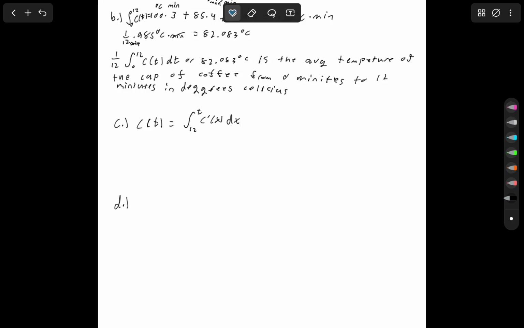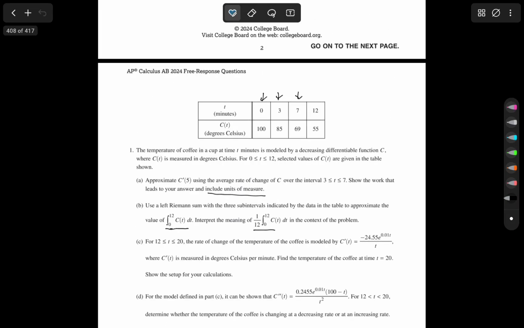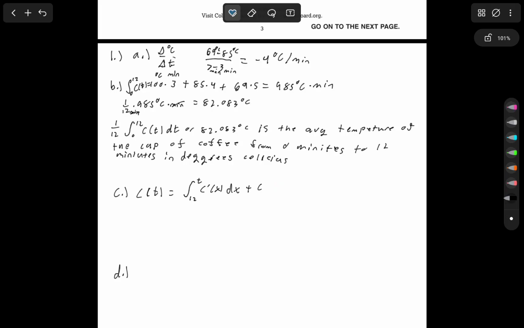Now we need to know a value that we could plug in. Luckily, we know that at 12 the integral should be 0, but we also know at 12 the cup of coffee is 55 degrees. So we get plus C of 12, and C of 12 is just 55 degrees Celsius.